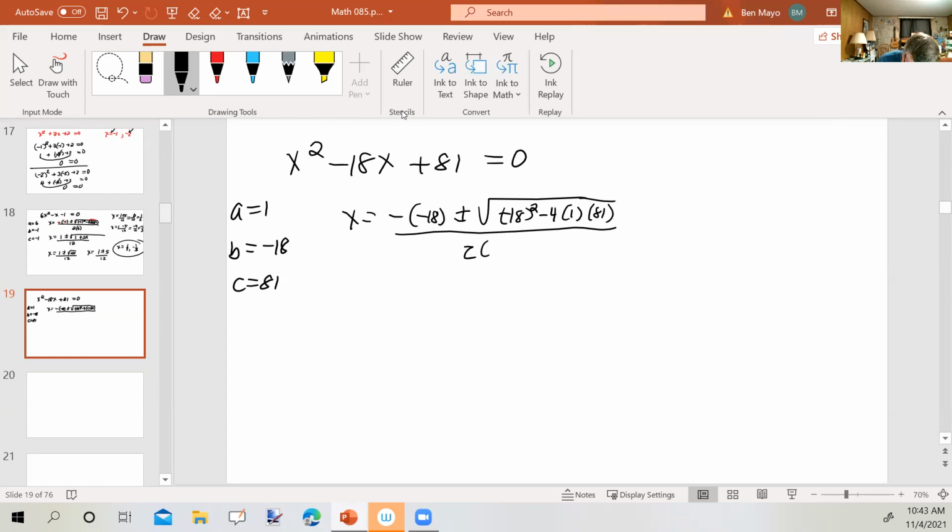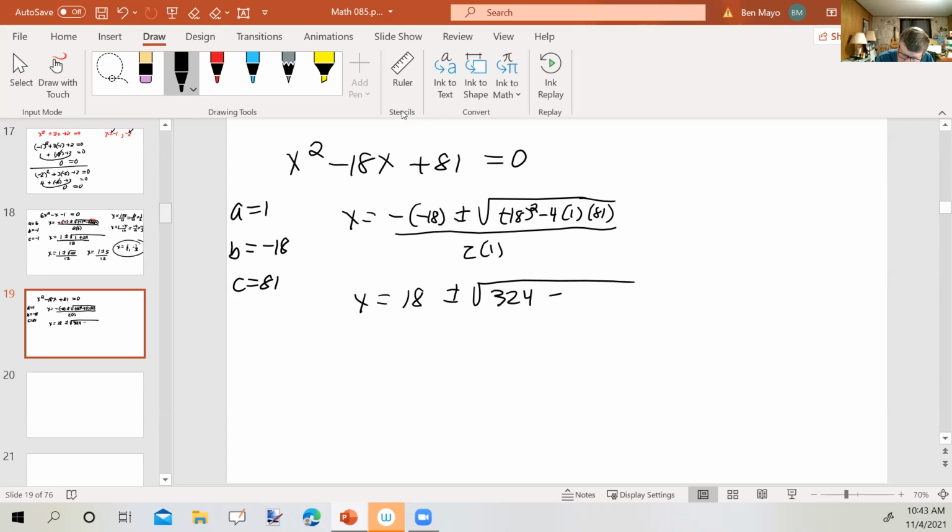all over 2a. X equals +18 plus or minus, let's see, -18 times -18 would be +324.